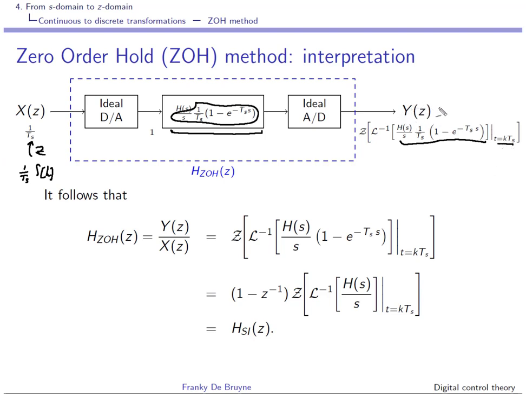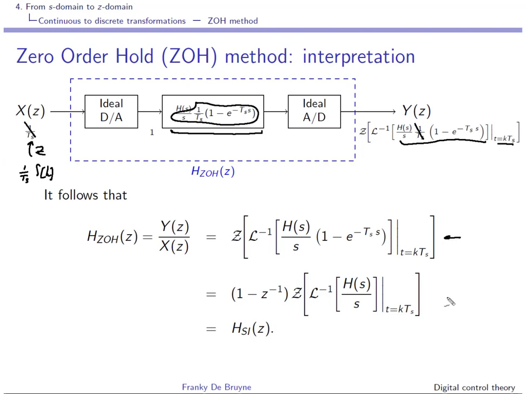And if you're interested in y of z, then you'll have to take the z transform. So the transfer function for this ZOH equivalent discrete time description is y of z divided by x of z, and what will happen is that the 1 over Ts here and the 1 over Ts here will cancel out, and indeed you obtain the following equation.